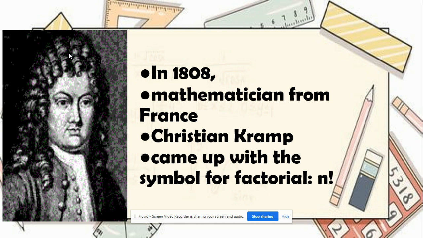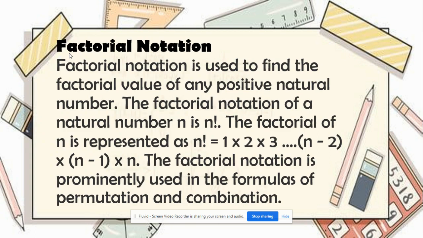The study of factorials is at the root of several topics in mathematics such as number theory, algebra, geometry, probability, statistics, graph theory, and discrete mathematics. Factorial notation is used to find the value of any positive natural number.